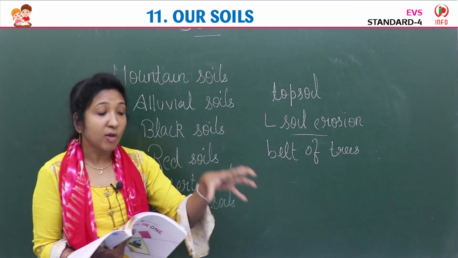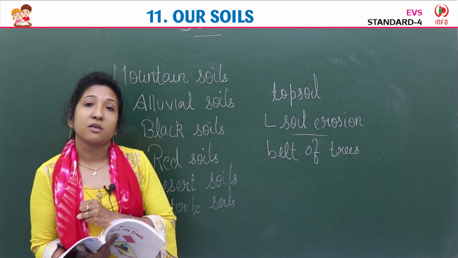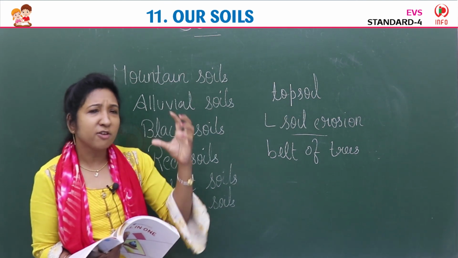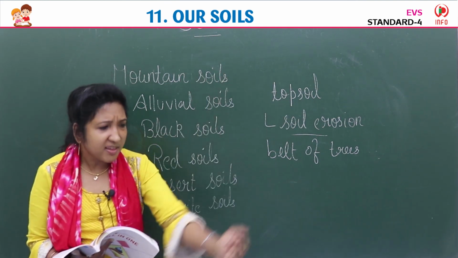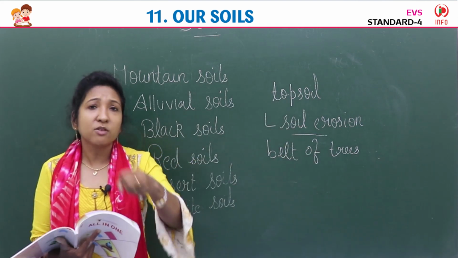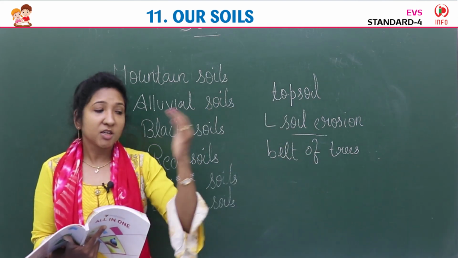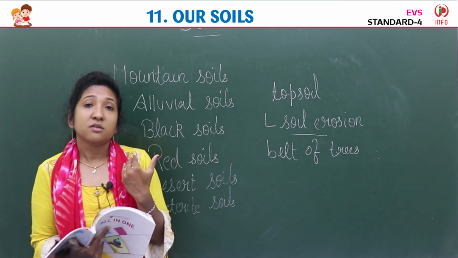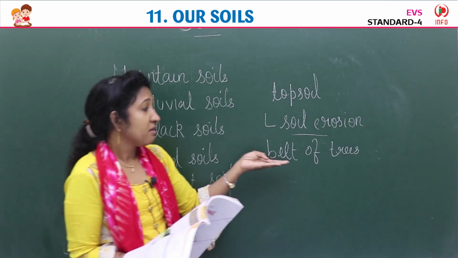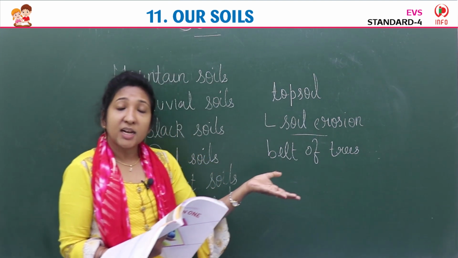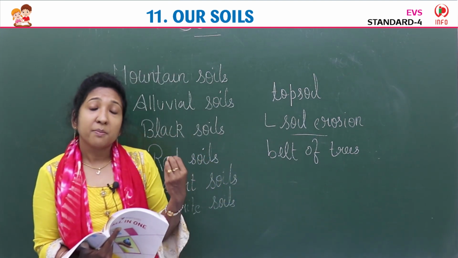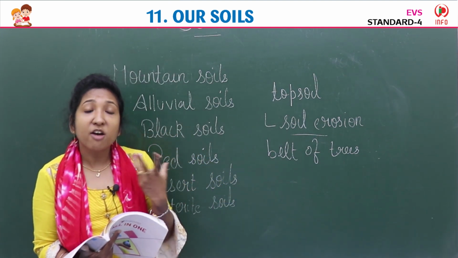Okay, the soil structure may be lost because of soil erosion, because heavy wind and rain carry away all the main soil things. They drain away. So what happens? It results in losing the main content of the soil, the quality of the soil.